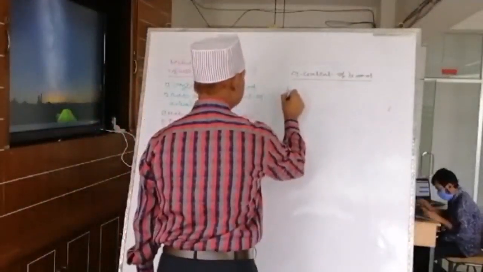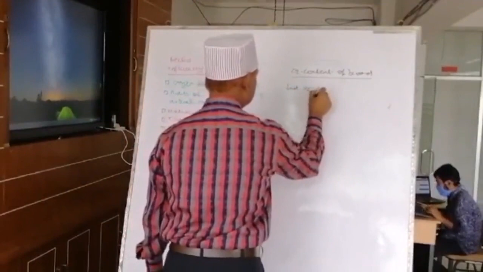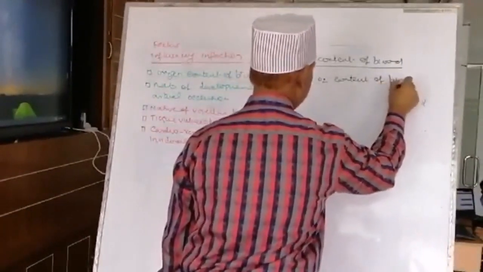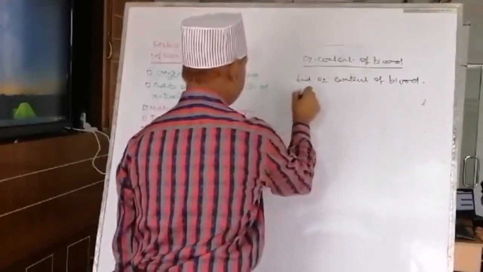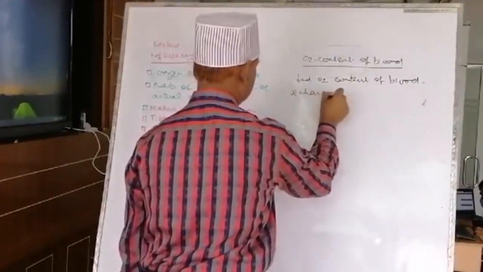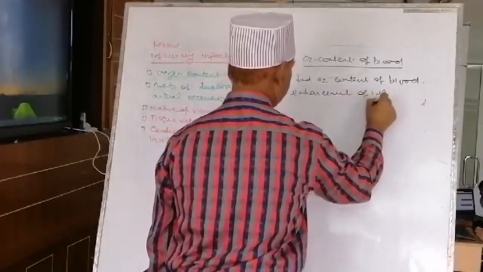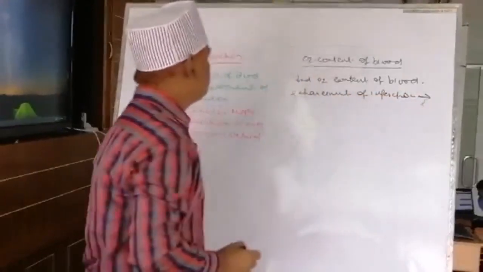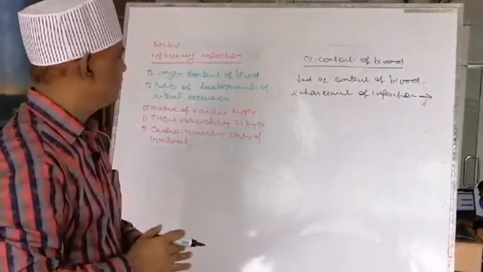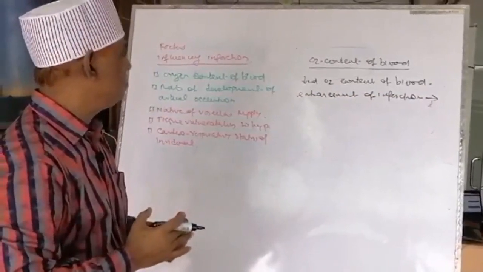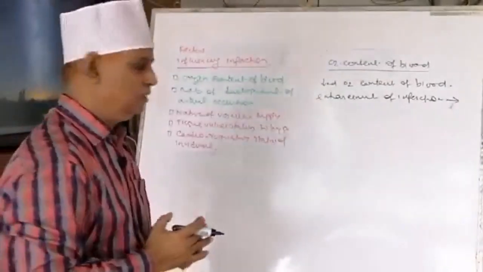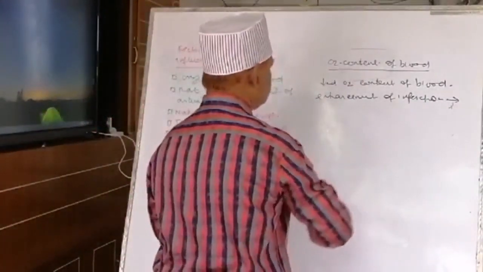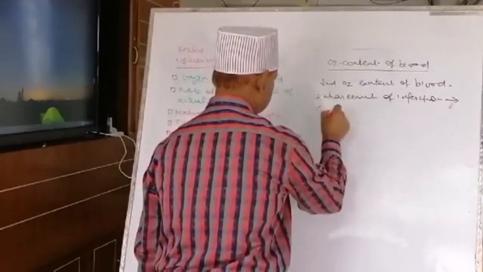Diminished oxygen content of blood, enhancement of infarction. Now come to what are the different causes where there will be diminished oxygen content of blood. Causes of diminished oxygen in blood.